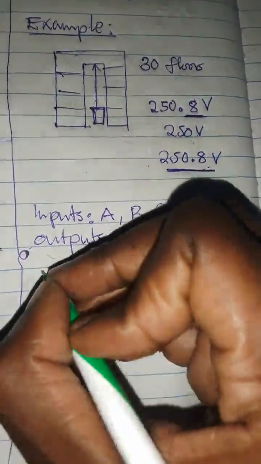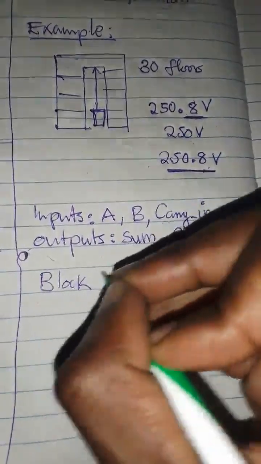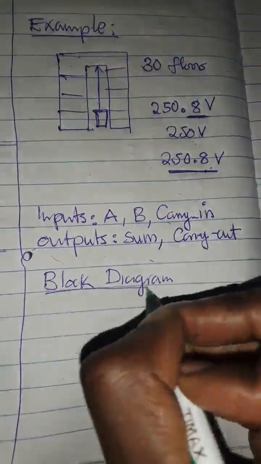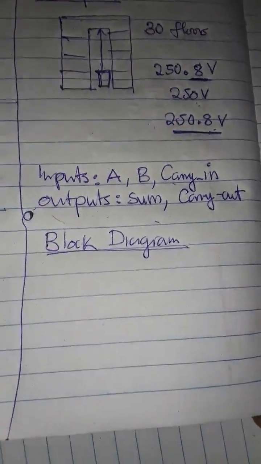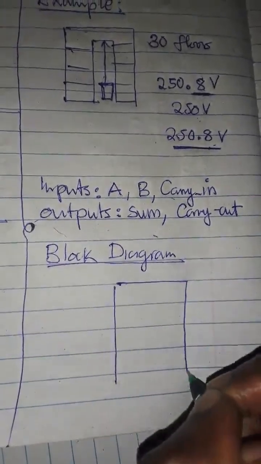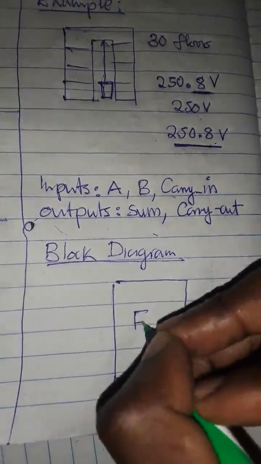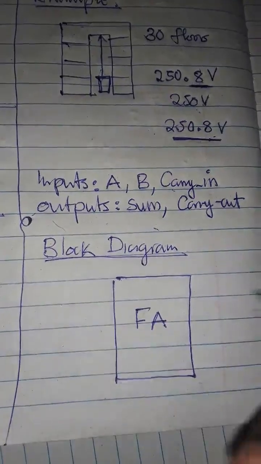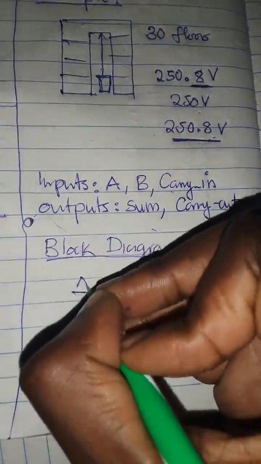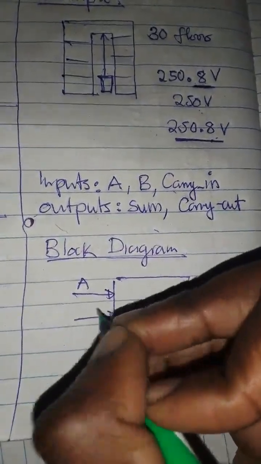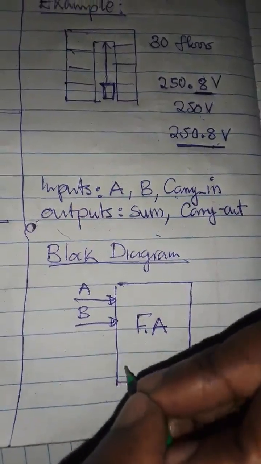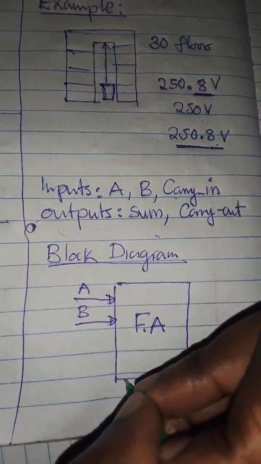The block diagram of a full adder will look like this. So we have a full adder that takes a bit A, takes a second bit B, and also takes a carry in.